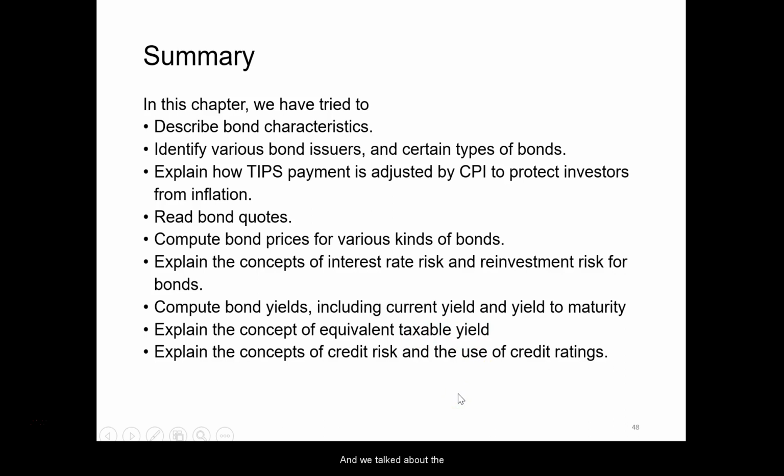And we talked about the risks of bond investments, specifically the credit risk, and how investors can use the credit ratings to understand the credit risk of a bond investment. So hopefully after this chapter, you get some basic understanding about bond investments and some good idea about calculating bond price, estimating bond return, and also understanding the risks in bond investments.